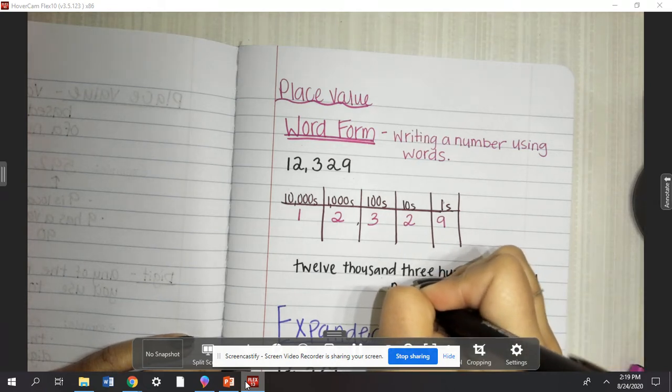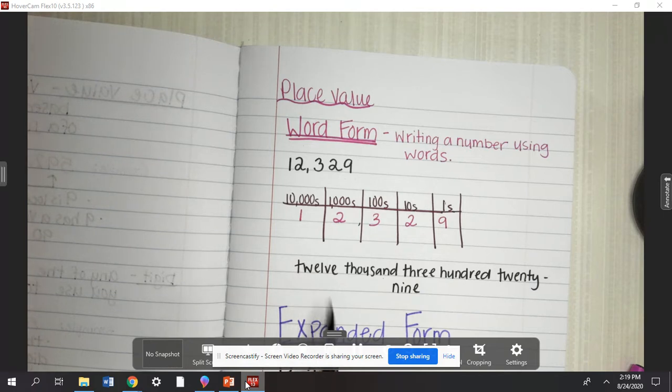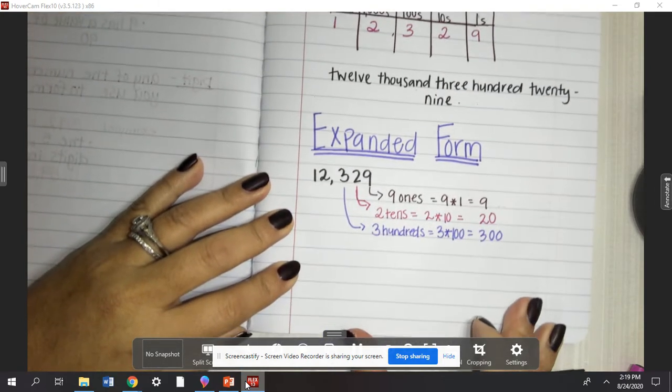I'll write the 9 right here. So that is the number written in word form. That's it. You'll have an activity where you are going to do the same. Then we're going to move on to expanded form.